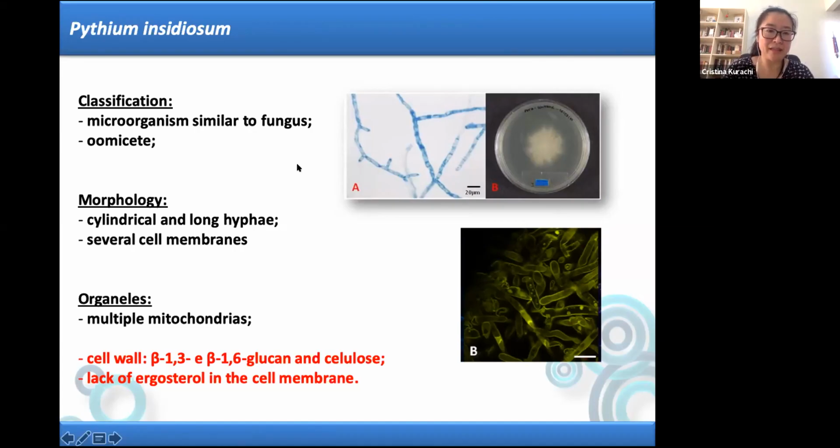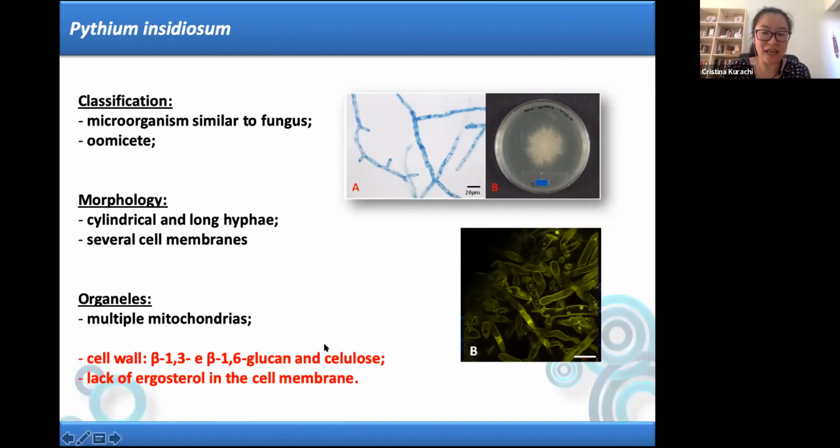This infection is a health problem because one of the main targets in the cell wall for the antifungal treatments that we have available is ergosterol. In fact, these organisms do not present ergosterol in their cell wall, so they don't have any kind of response to the antifungal treatment options that we have available.